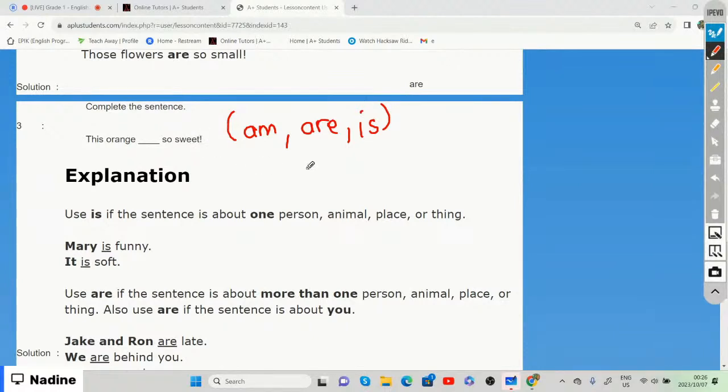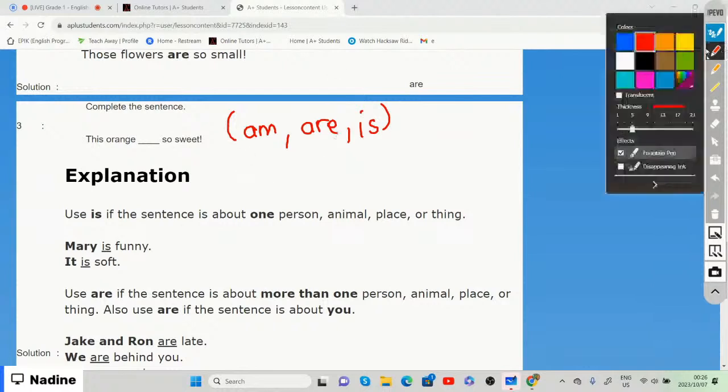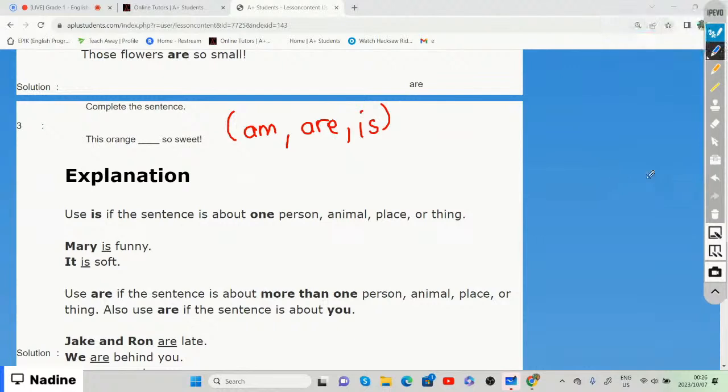All right, so if we choose the correct one, we are going to say this orange, because it's referring to one orange only, this orange is so sweet. So is is our correct word to complete the sentence.